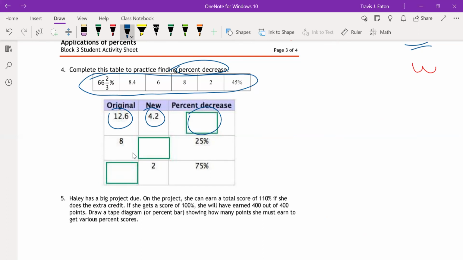So the original amount was 12.6, which would be 100% of 12.6. Now we know it's a percent decrease, so we are going to subtract, but we don't know the percent. So we're looking for whatever this percent is of 12.6, and that's going to equal 4.2.